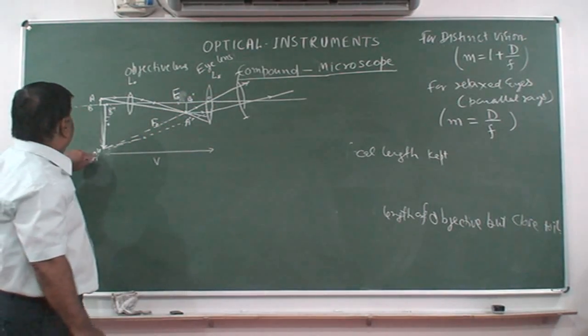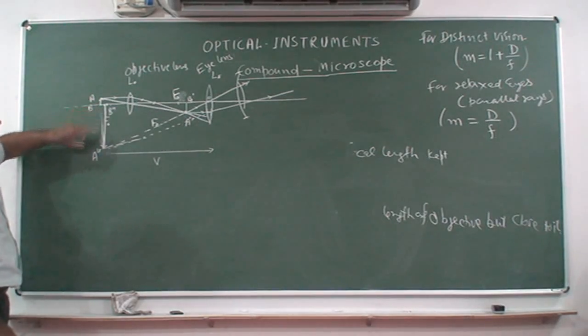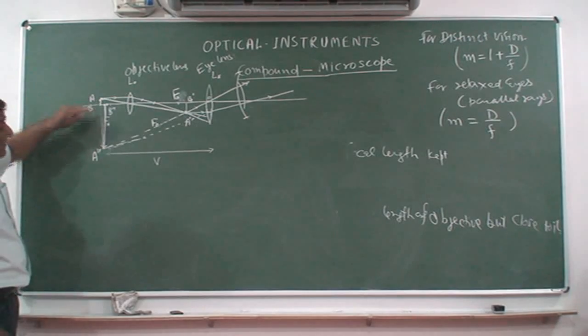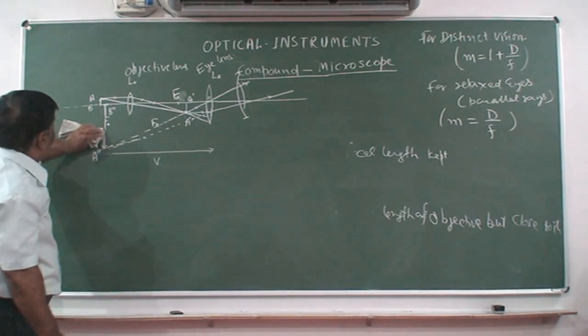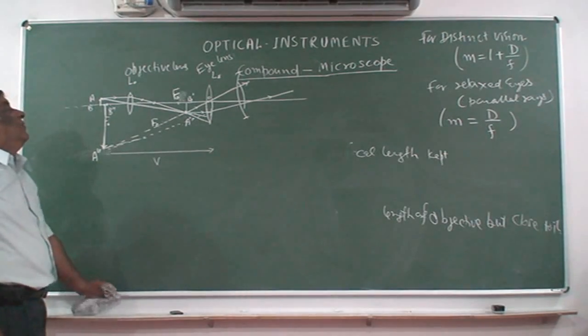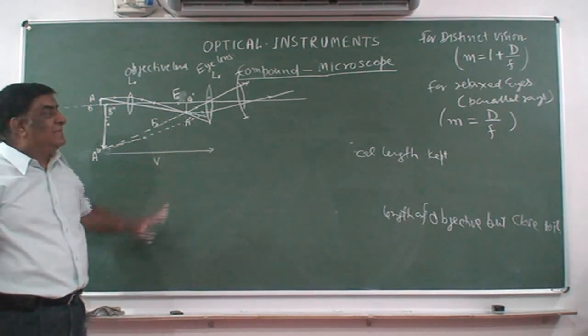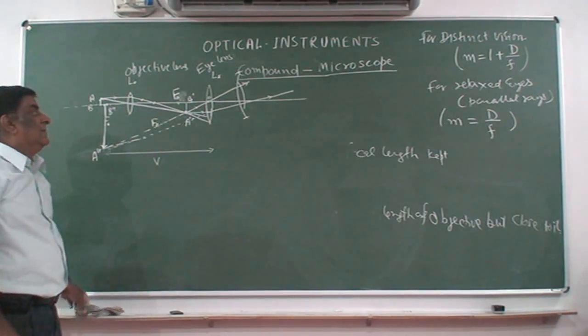So what we are seeing is A double dash B double dash. Now you can see this is very much larger compared to AB. So the magnification is done. So this is how a compound microscope acts. Compound, why? Because there are two magnifications.